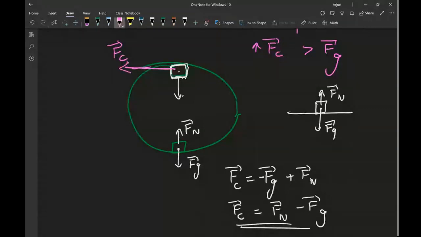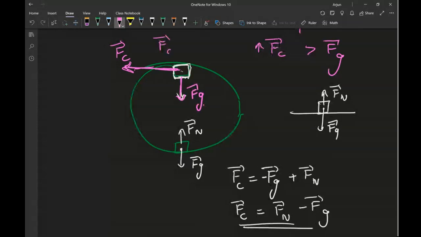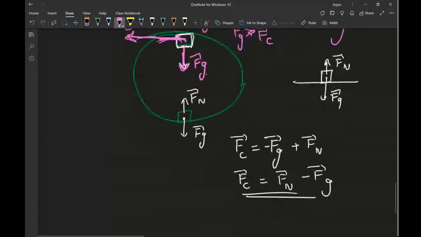I'm going to call it Fc, which is trying to push it away from its track, and Fg is acting in the downward direction. So as long as Fc is greater than Fg, the car will stay on its path, meaning the car will continue moving on its path. If the gravitational force is greater than Fc, the car will fall off from its track.